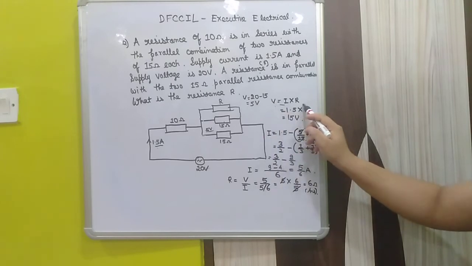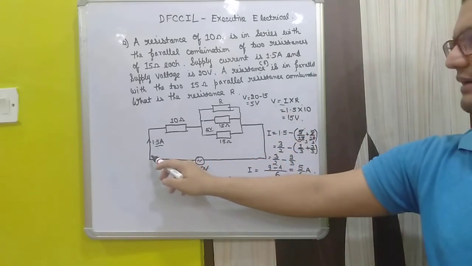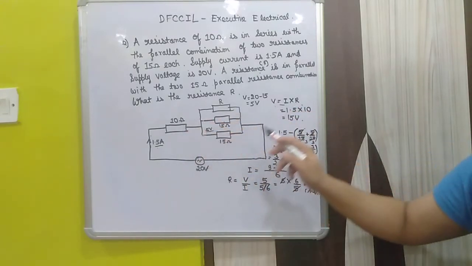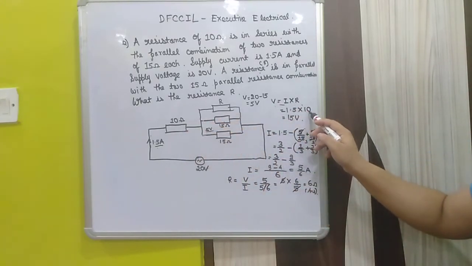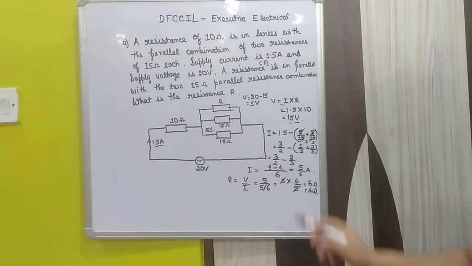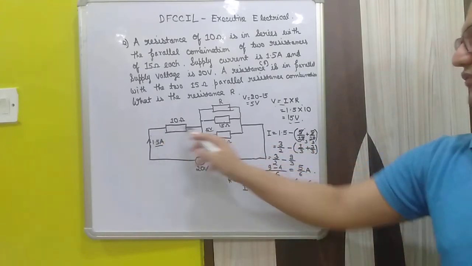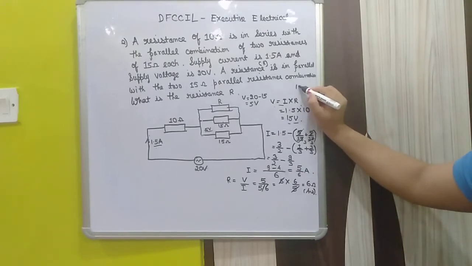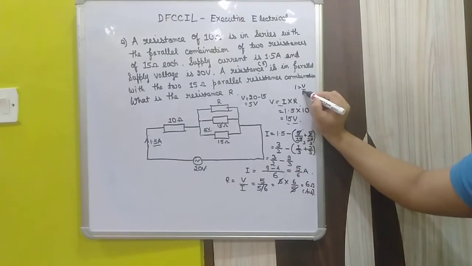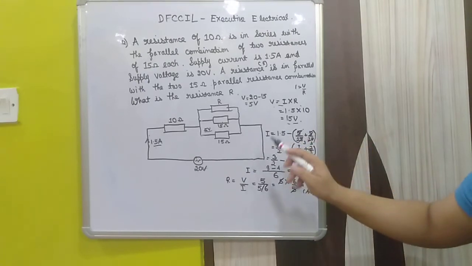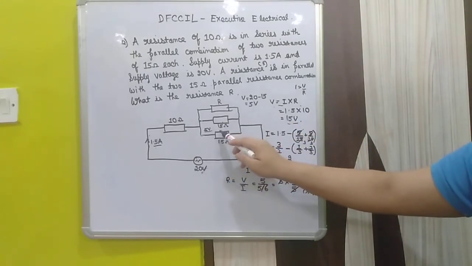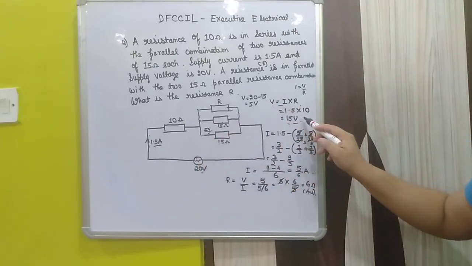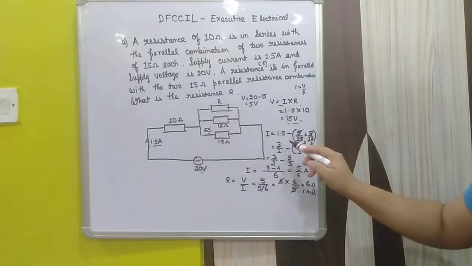This V is equal to I into R. Our supply current is 1.5 ampere, and this resistance is 10 ohm. So 1.5 into 10, that is 15 volt. We know I is equal to V by R. We have taken this value because of the 20 volt, and here the voltage developed is 5 volt, because 20 minus 15 is equal to 5.